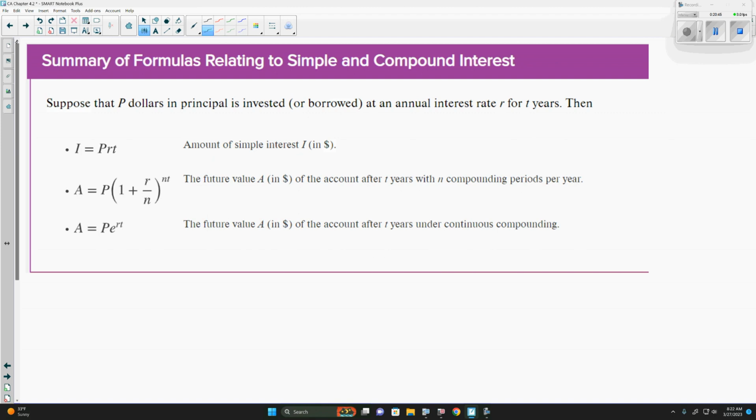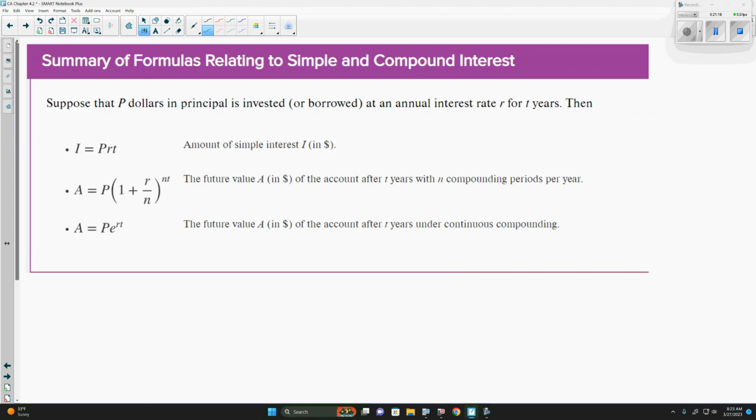Then we also have A, the amount, is equal to principal times 1 plus r over n to the nt, where A is our amount, that our kind of value that we'll have, T is our time, n is the compounding period, how many times interest is taken. So either quarterly, monthly, weekly, daily.